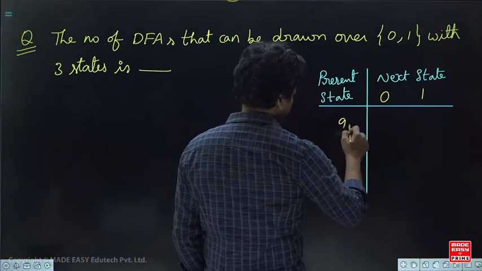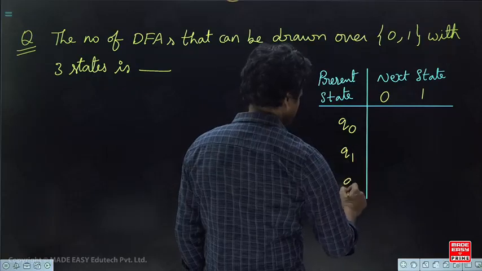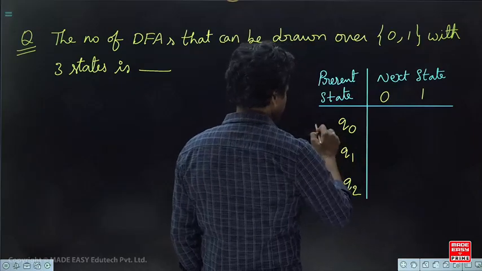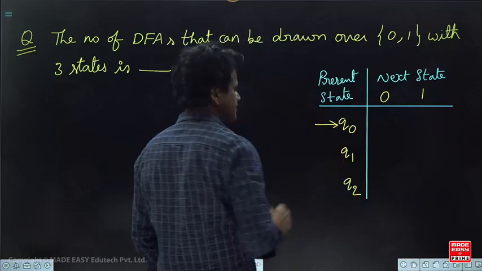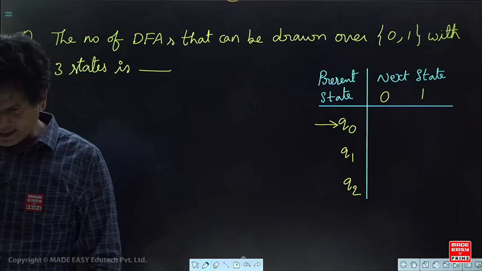Q naught, Q1, Q2. Let one state be initial. I am taking Q naught as initial.